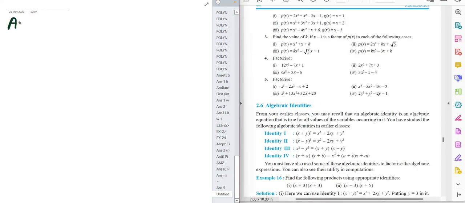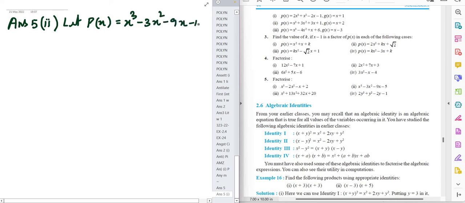Answer 5. Second answer, let p(x) equals x cube minus 3x square minus 9x minus 5.